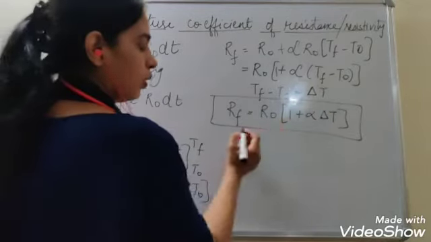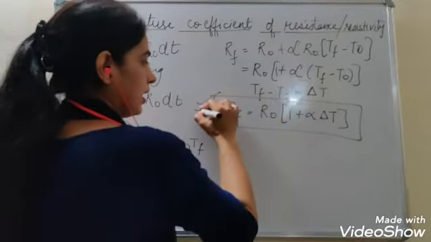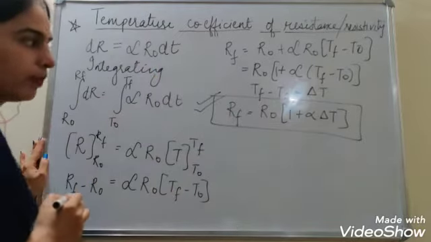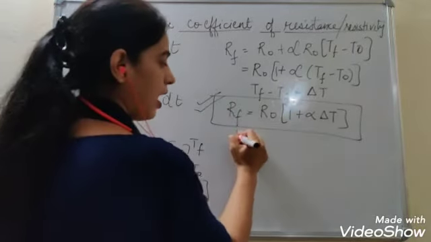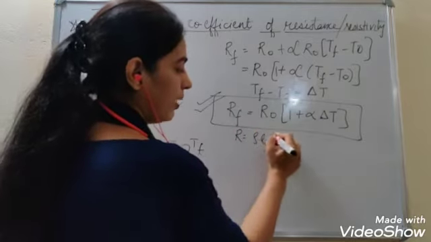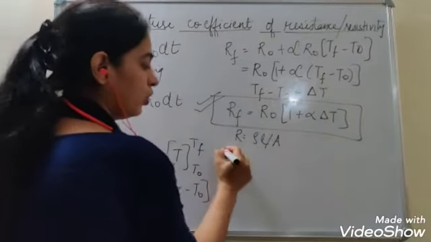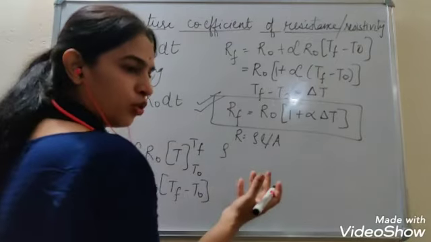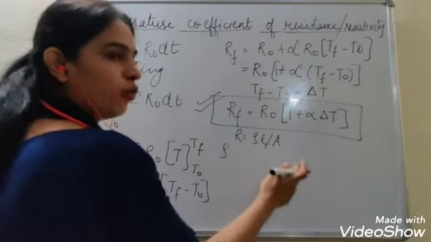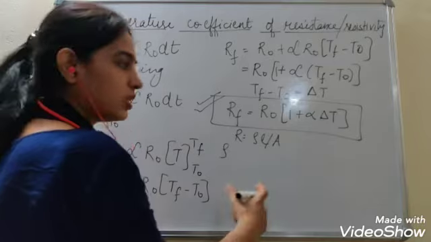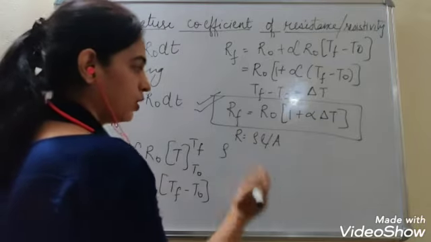This is an important relation for the final resistance with increasing temperature. I have to remember this expression, and since R is equal to rho L by A, we can write for R final, rho will not change. Rho will be the same because the material we are not changing. What we are changing is the temperature.